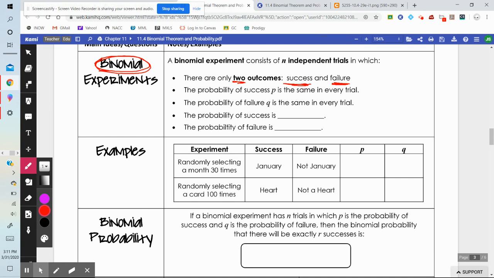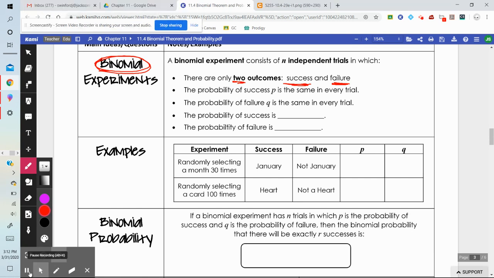The probability of success in each of these trials is P. And the probability of failure, we're going to call it Q. Since you've got one thing happening or the other, like with flipping a coin, it's going to be either a heads or a tails.